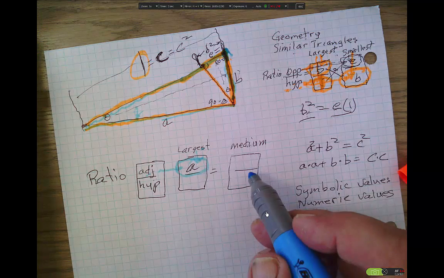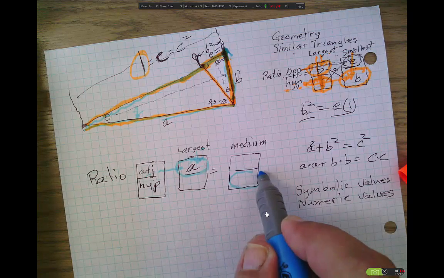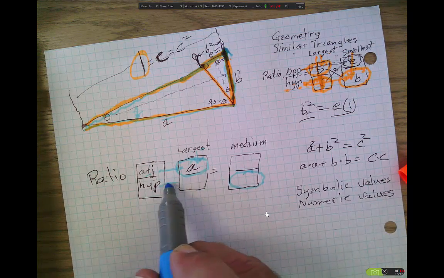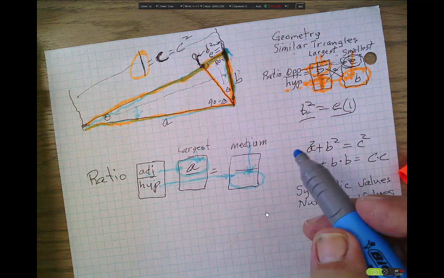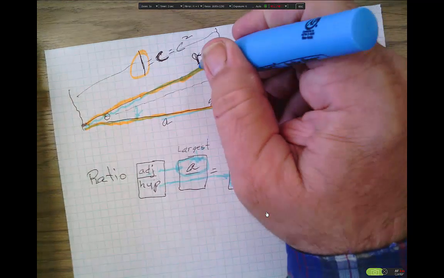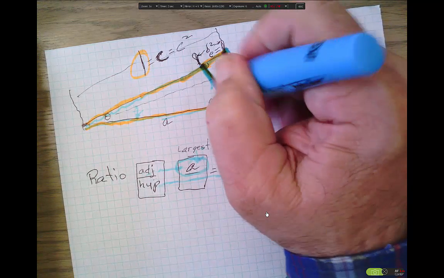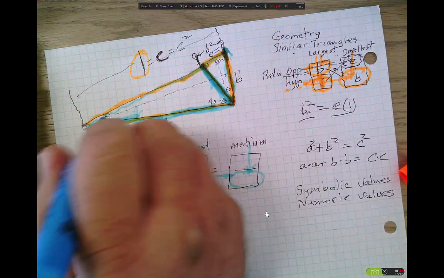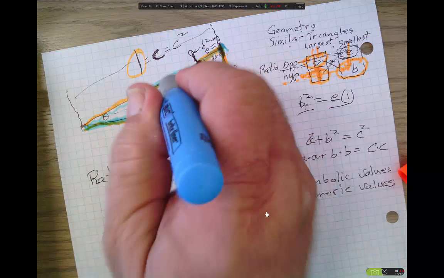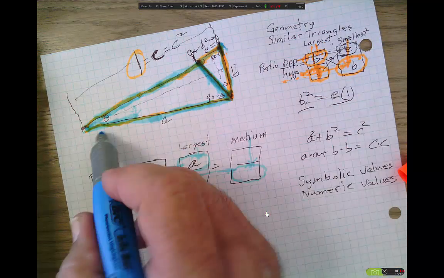Okay, so anyway, moving on. Now what we're looking for is what goes right here. That is the hypotenuse of the medium-sized triangle. Okay, I'm going to highlight the medium-sized triangle with a little bit heavier markings. Here's the medium-sized triangle.